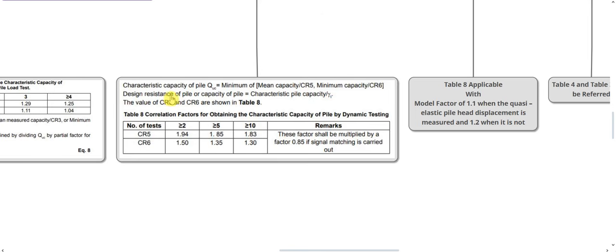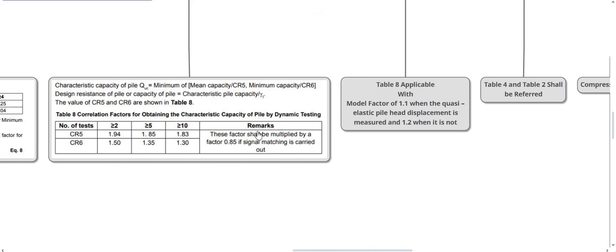Again, similarly, the characteristic pile capacity is to be divided by gamma T, and further divided by the model factor. There is a remark that these factors shall be multiplied by a factor of 0.85 if signal matching is not done, which will just reduce these correlation factors.